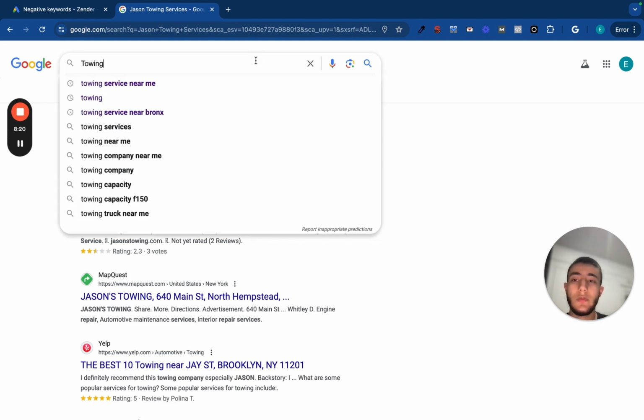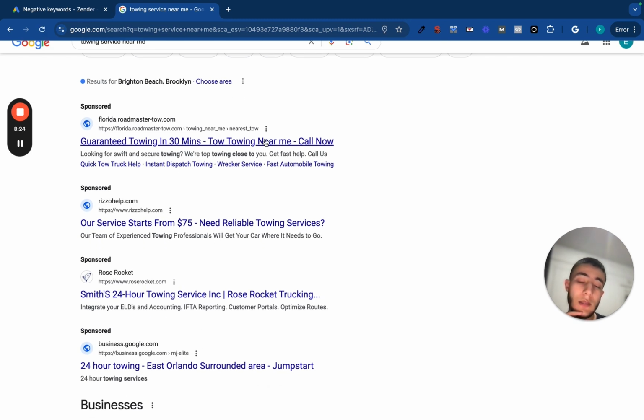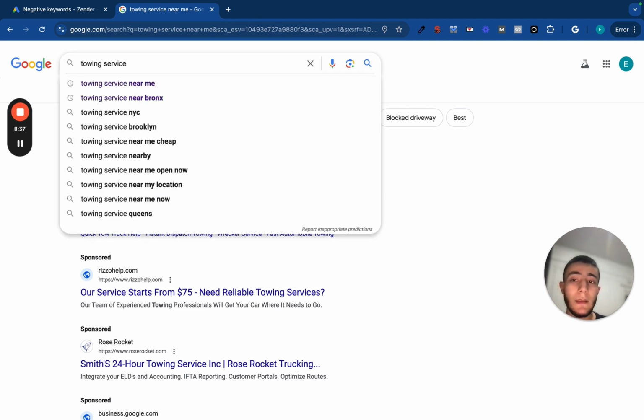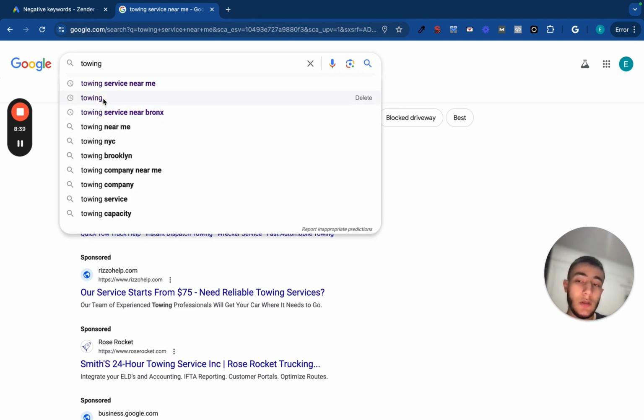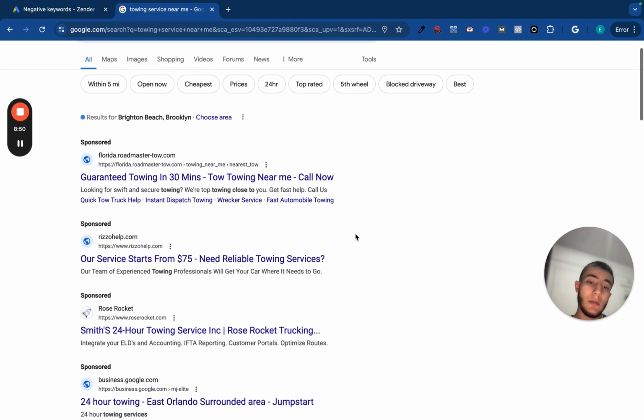Like if I search "towing services near me," there are several websites, and if I call them or click on these websites, Google will note that. Based on that, when I search next time with just "towing" instead of "towing services near me," my ad is most likely to be shown, because Google will think I need these services most.